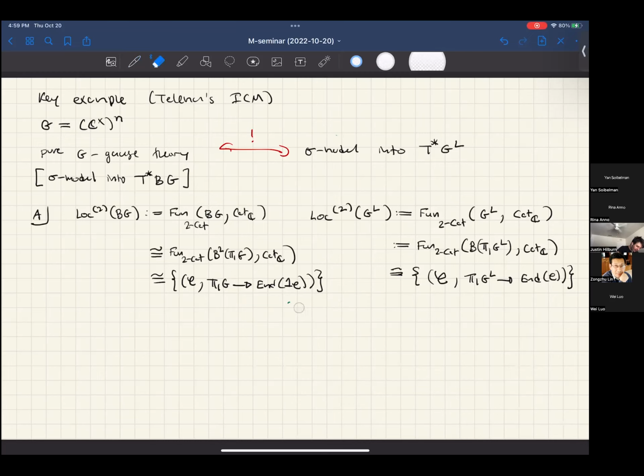And so this map is actually a homomorphism of E2 algebras. It is the requirement that you have here. And so this is actually quite complicated.